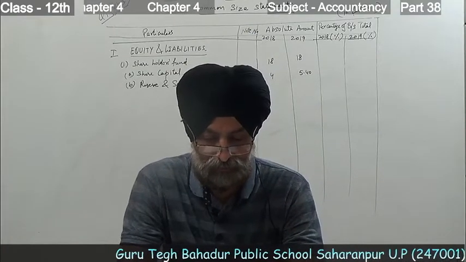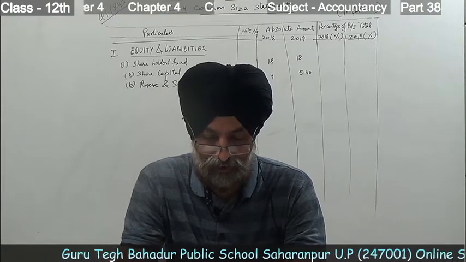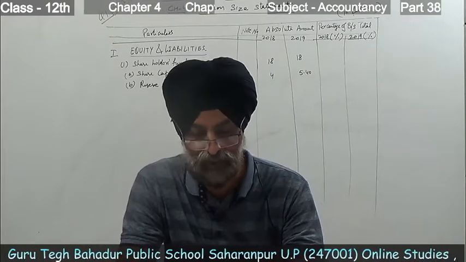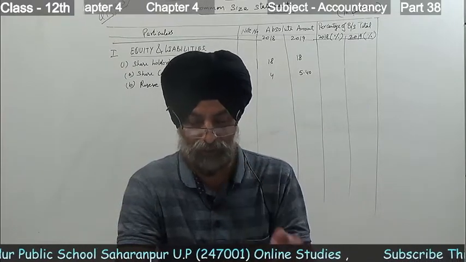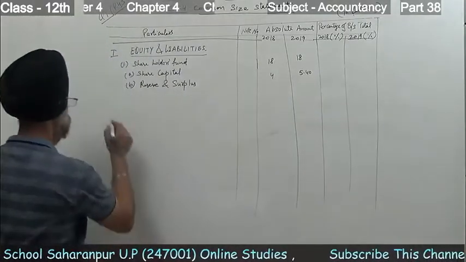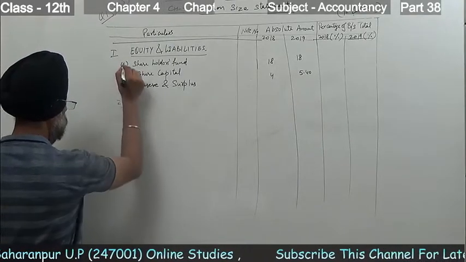Now come to second, non-current liabilities. The next head in equity and liabilities column in this side, that is non-current liabilities. Point 2, non-current liabilities.